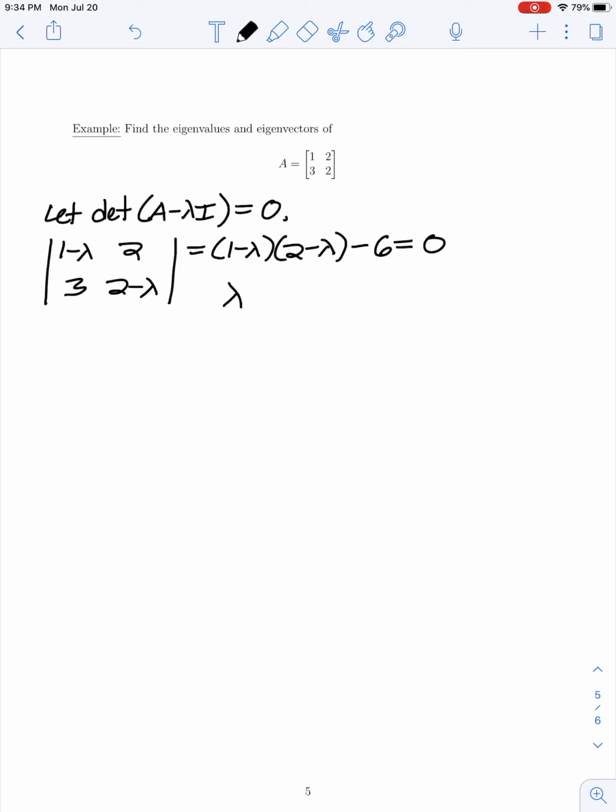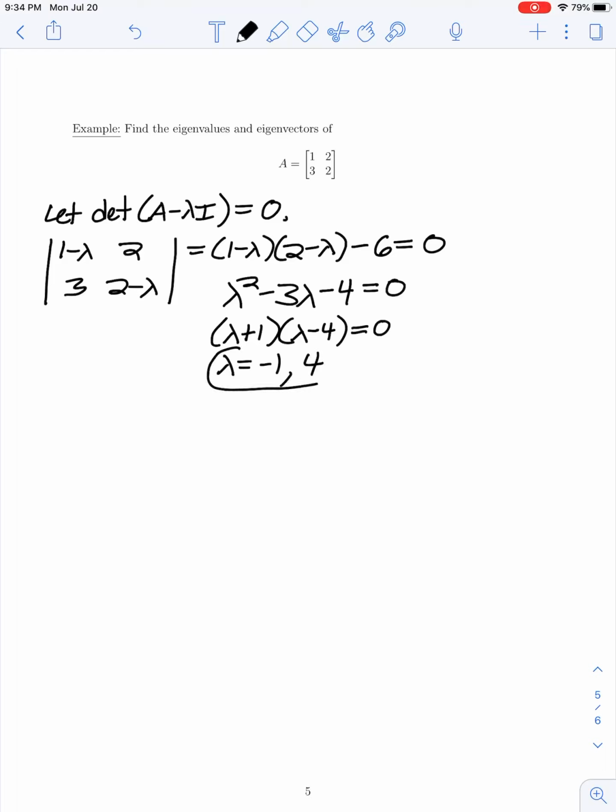So expanding, we have lambda squared minus 2 lambda minus 1 lambda would be negative 3 lambda, plus 2, and then subtracting our 6 on the end leaves us a negative 4. We set this equal to 0. This then factors as lambda plus 1 times lambda minus 4 is 0. So our eigenvalues are negative 1 and positive 4. That would be the first part of this problem, finding those eigenvalues.